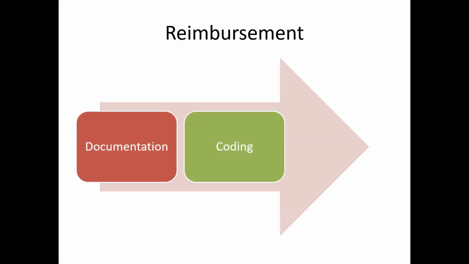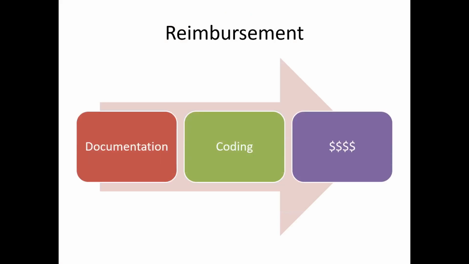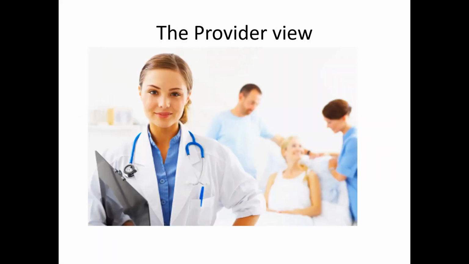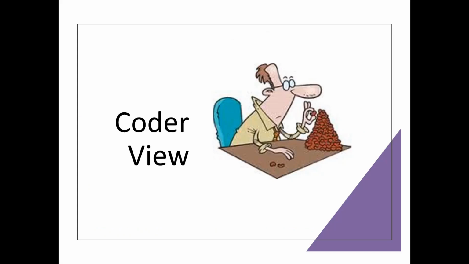So what reimbursement is, is taking your documentation, turning it into code, which eventually turns into reimbursement for your employer. From your standpoint, think of this as all the time and effort you have committed to yourself in terms of your education. Your patient ultimately gets the benefit of that, and you should receive a return on your investment.